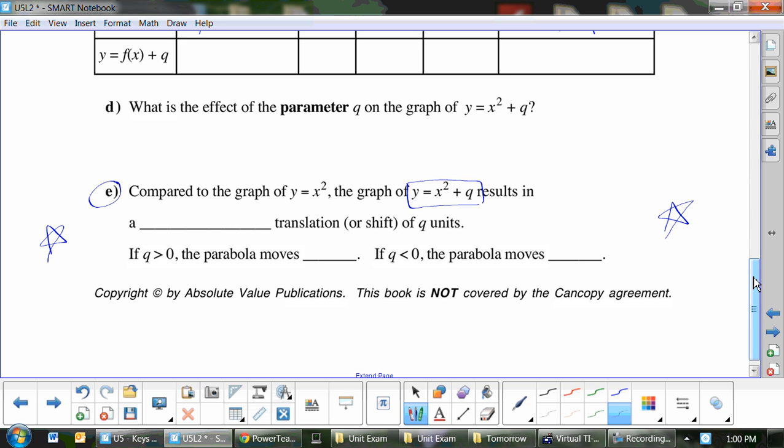Because this changes the y values of our graph, change it to minus q. Y minus q is equal to x squared. Okay? Because it's just easier if we keep everything that's dealing with y with our y, right?